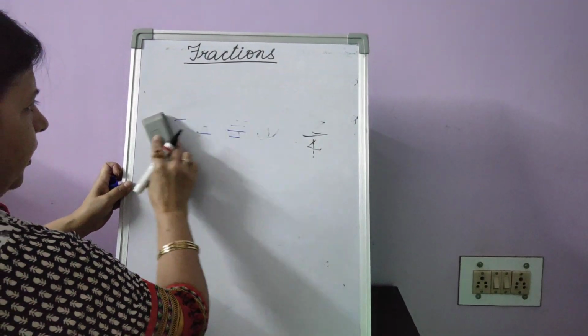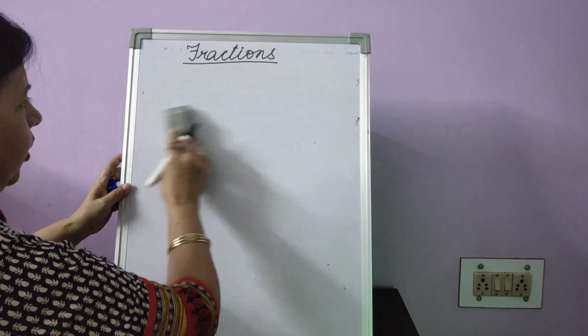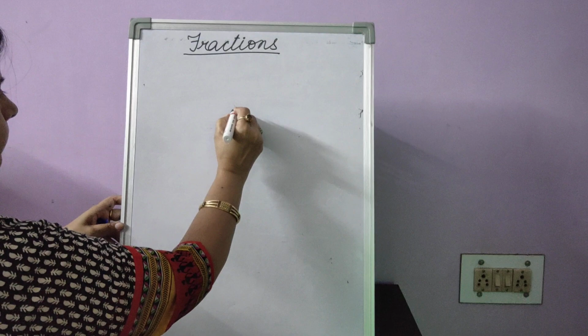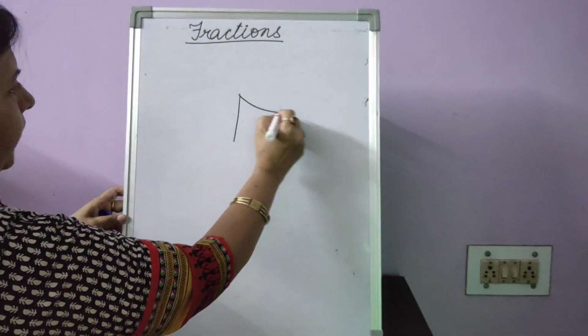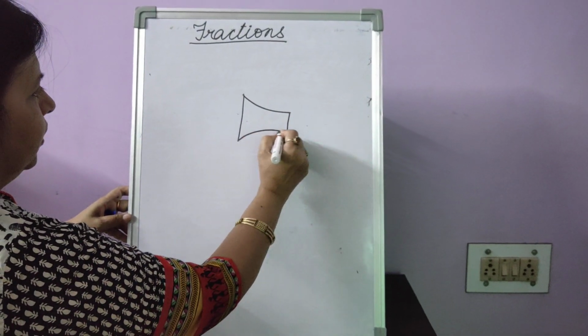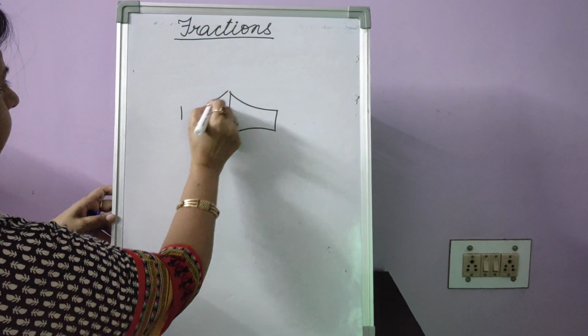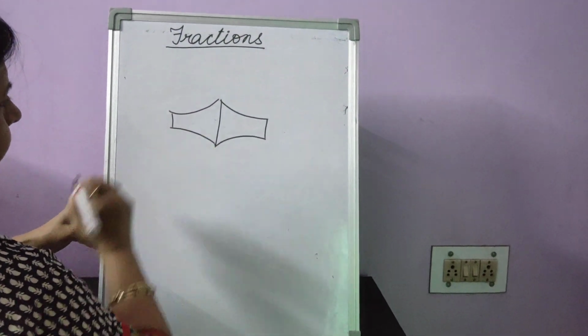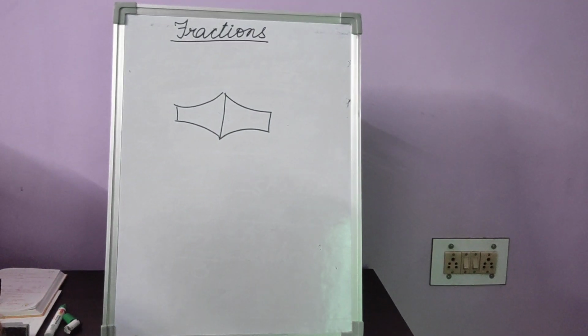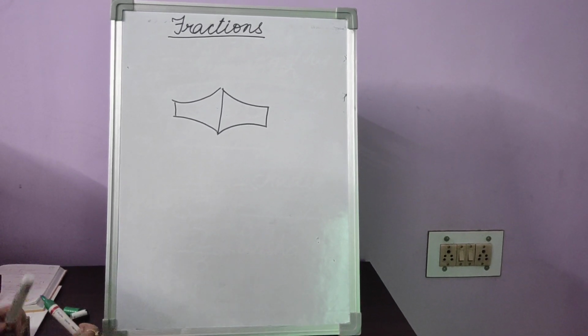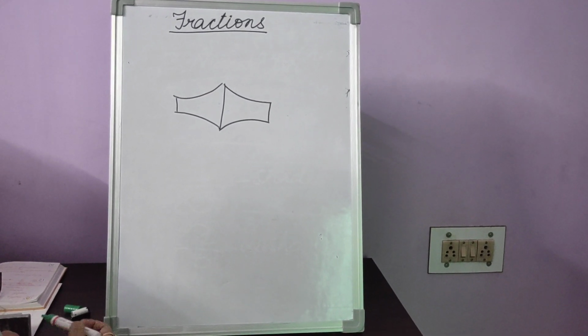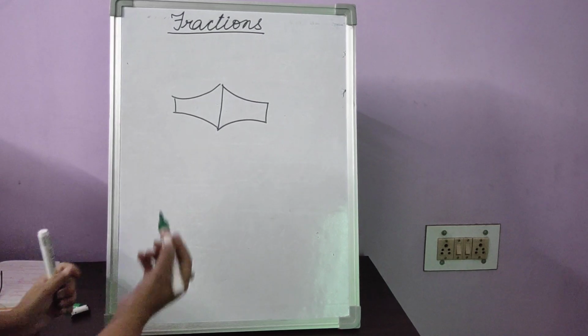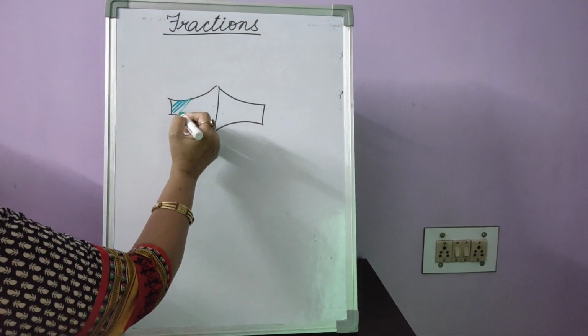Now, if I were to give you a figure that looks somewhat this way, from both sides it's exactly the same. And I ask you, children, shade 1 upon 2 of this. So what do you have to do? You will take your crayon and you will shade it nicely.